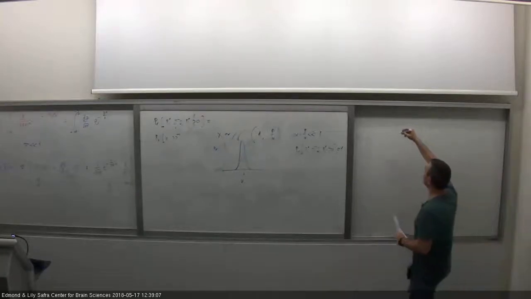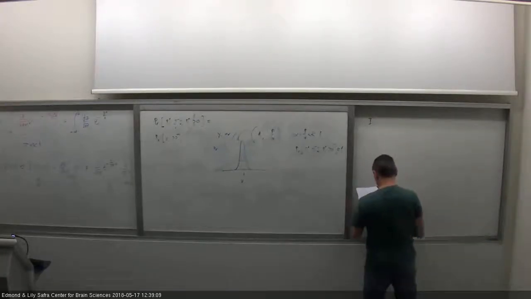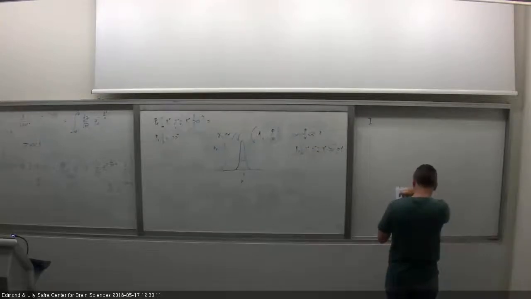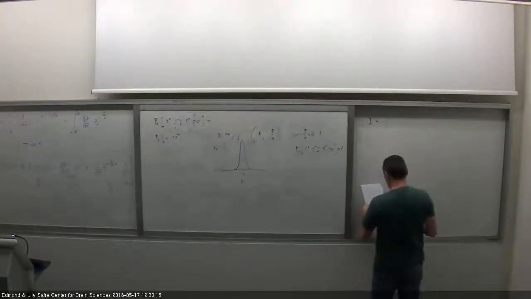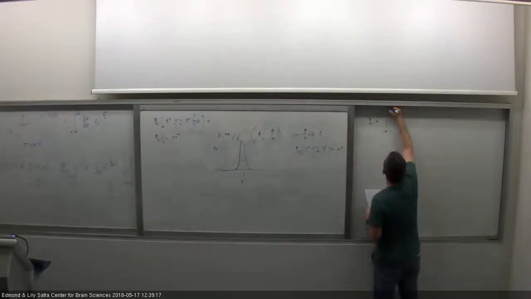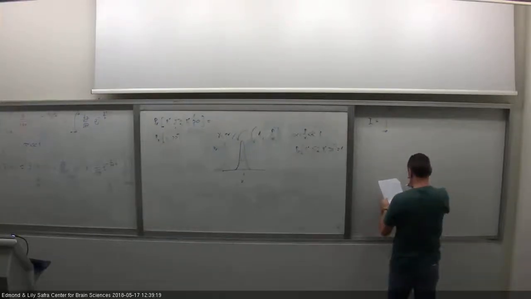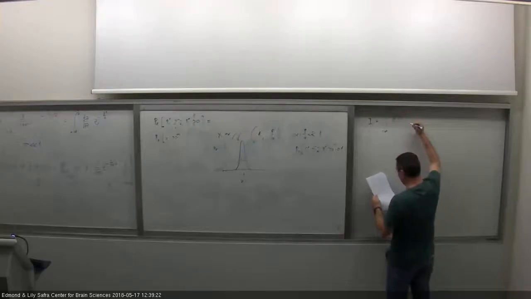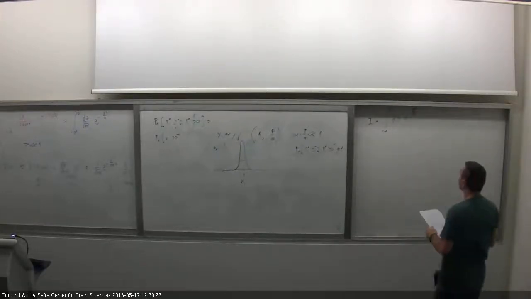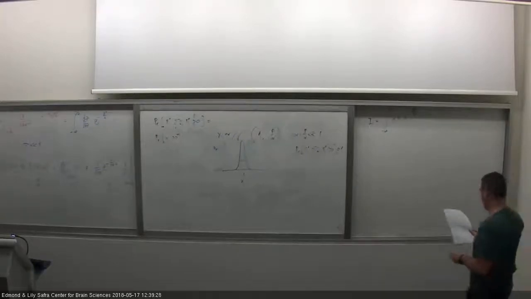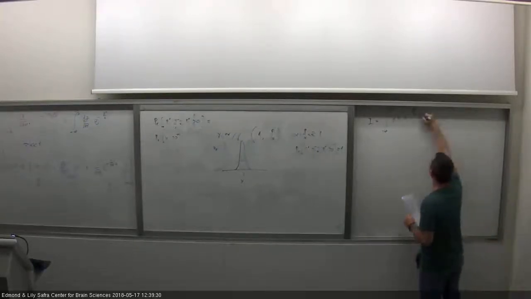Okay, so the integral that we're interested in solving is the integral from minus infinity to minus 1 over sigma dz e to the minus z squared over 2. So we can do integration by parts.